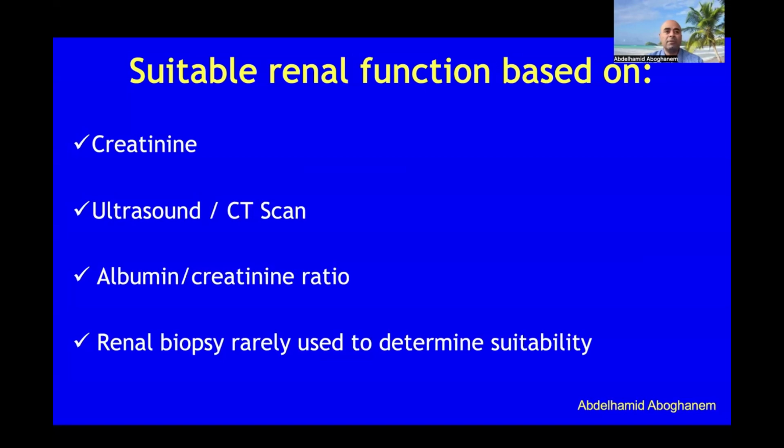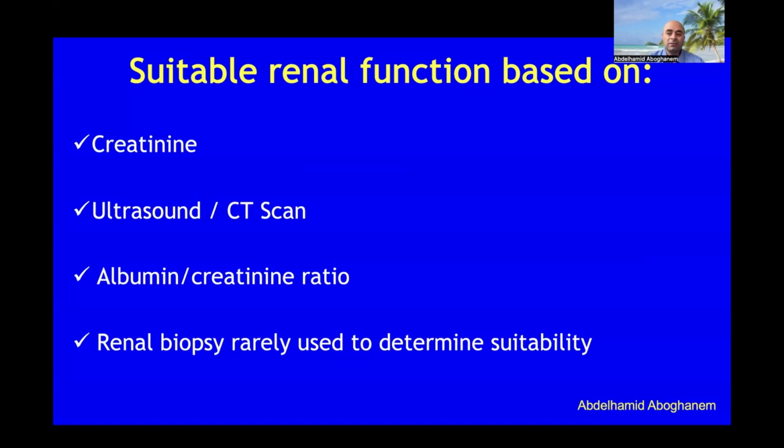usually we do an implantation biopsy for any kidney transplanted for any of our recipients. The implantation biopsy gives you a baseline of what this kidney is. If you have severe fibrosis or acute tubular injury, it will be a baseline for your recipient for the future if he has delayed graft function.